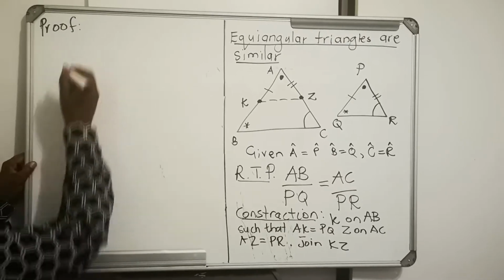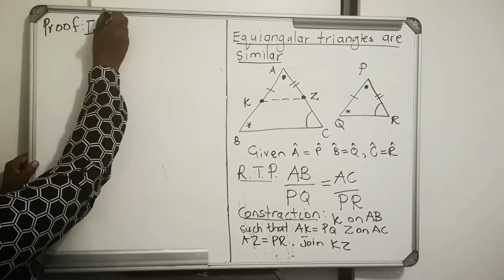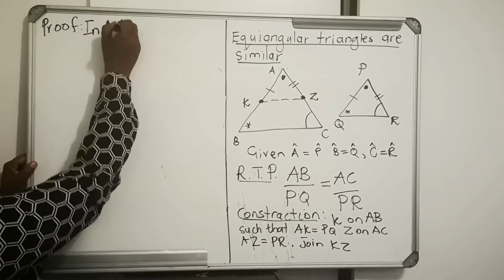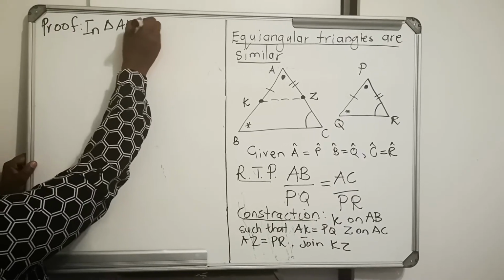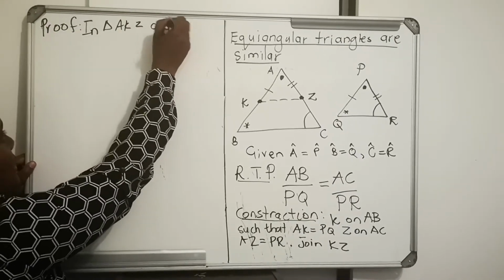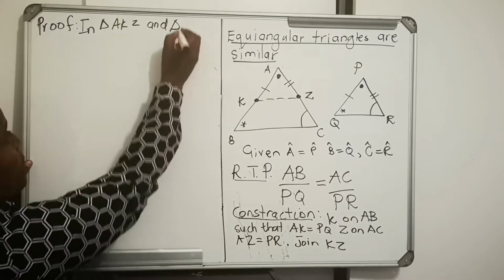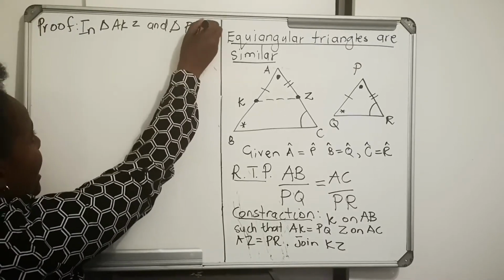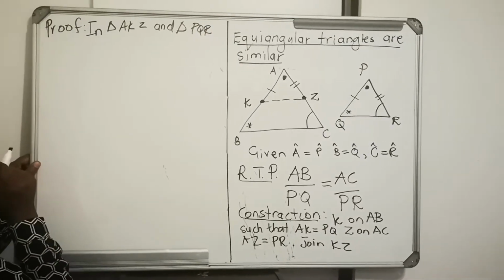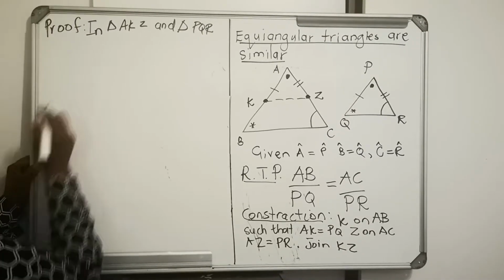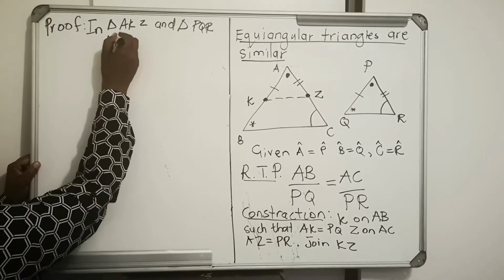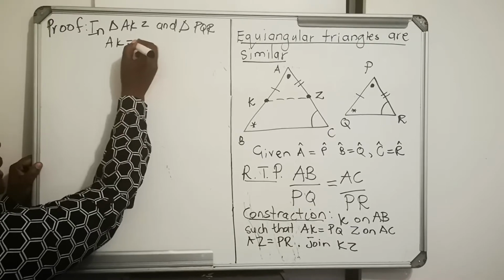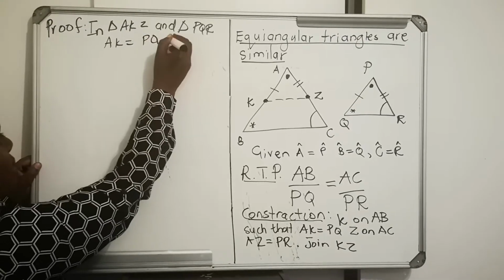We're going to have triangle AKZ and triangle PQR. We have line AK is equal to line PQ. Why?